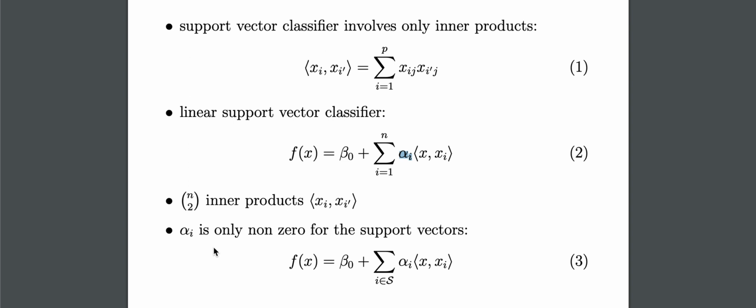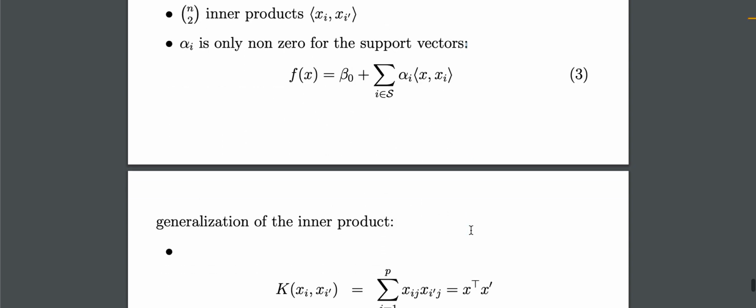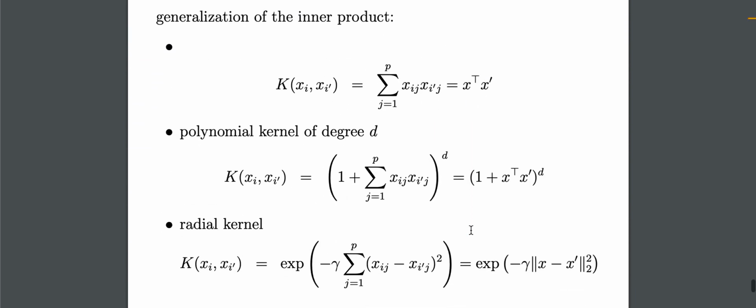Now suppose that every time the inner product appears in this representation, we replace it with a generalization of the inner product. We say K is a kernel that computes the inner product between xi and xi prime.